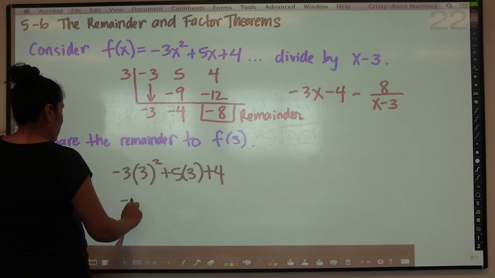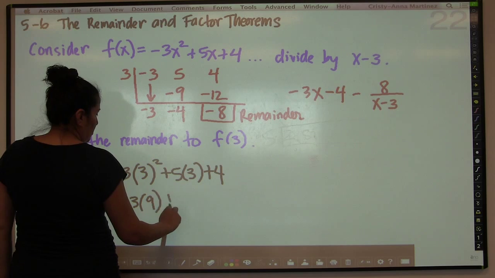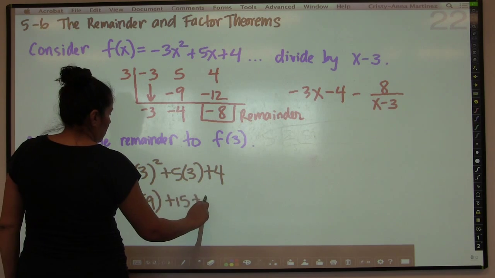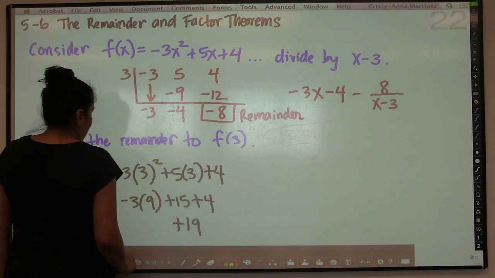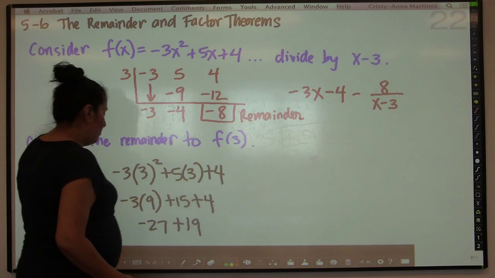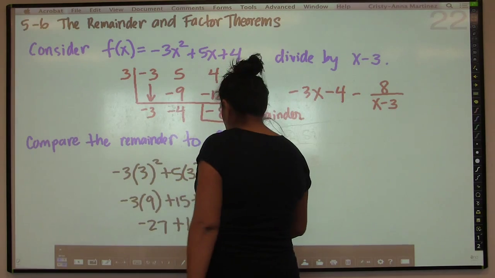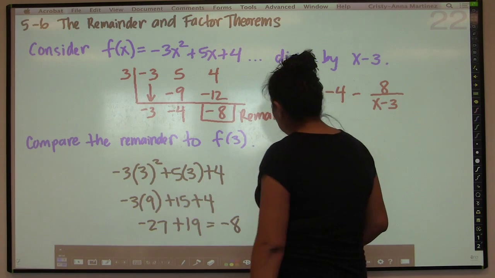So this is going to be negative 3 times 3 squared, which is 9. 5 times 3, which is 15, plus 4, so this is going to be 19. And negative 3 times 9 is negative 27. And negative 27 plus 19 is, lo and behold, negative 8.